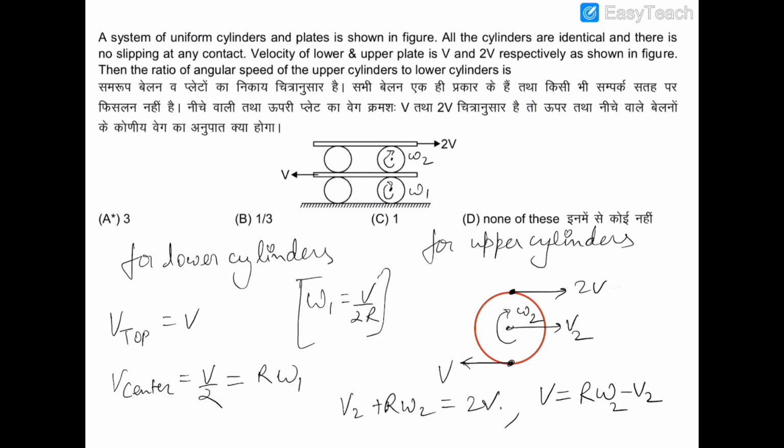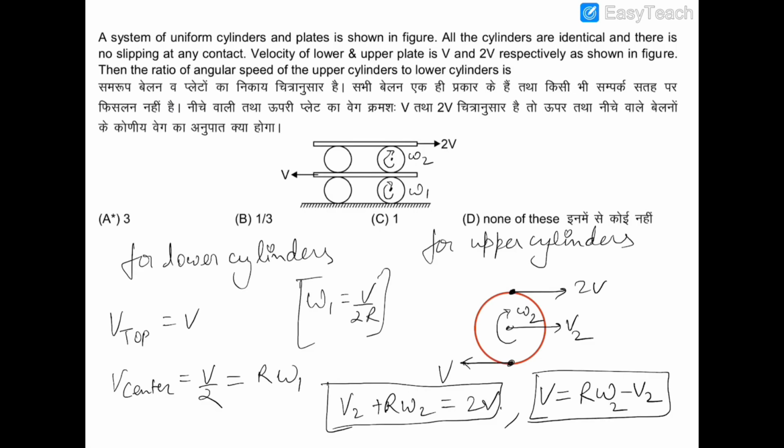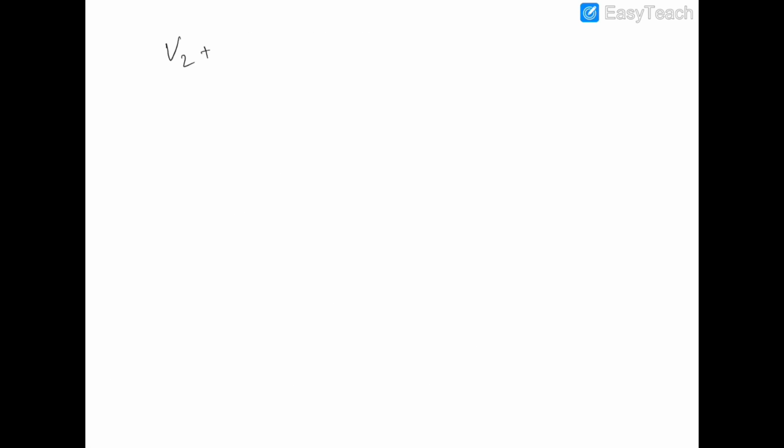Now to solve this, this is equation number 1 and this is equation number 2. So I am writing it again: v2 plus r omega 2 is equal to 2v, this is the first equation.